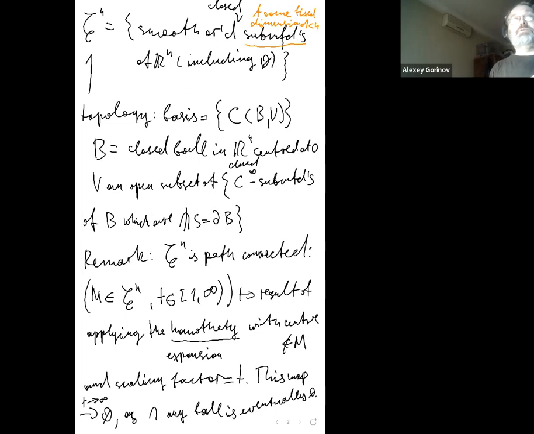Let's take this set as our family of subsets, and then take the smallest topology which contains this family. Now, what does this mean if we want to consider continuous maps into the space?